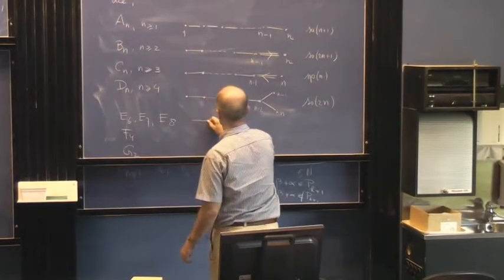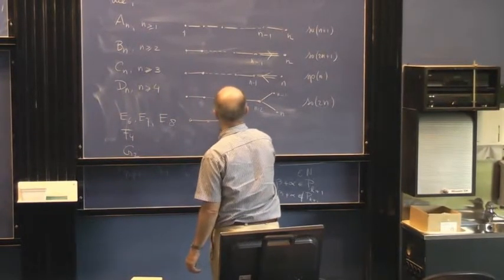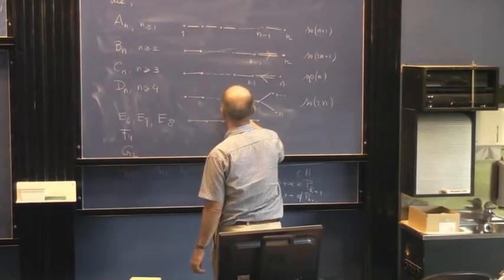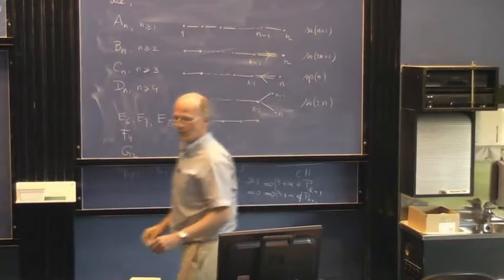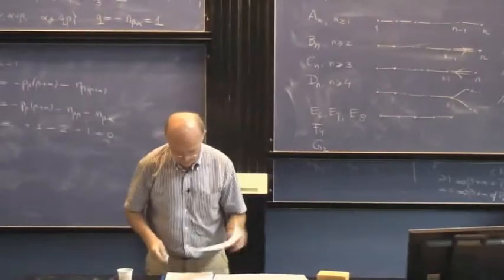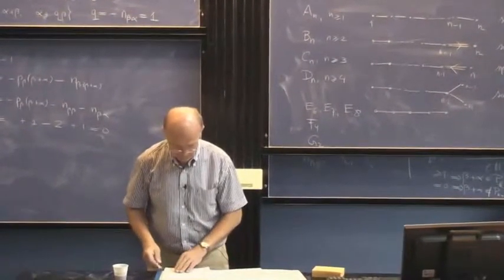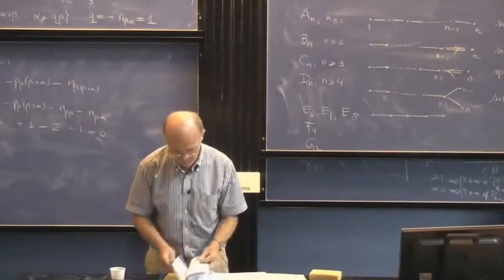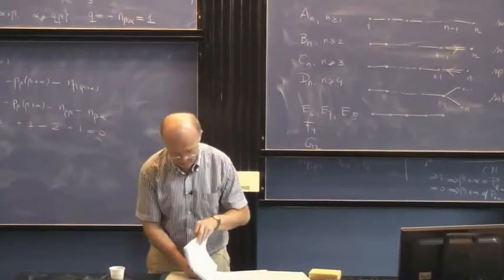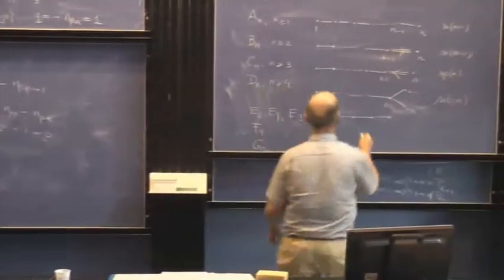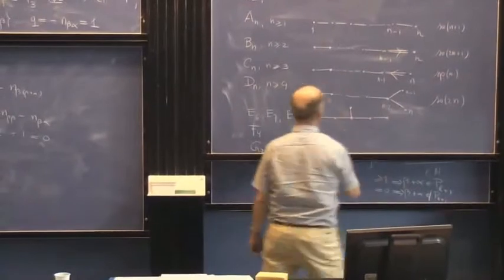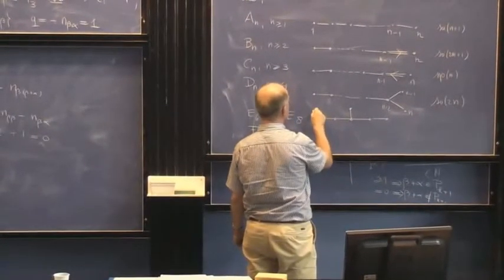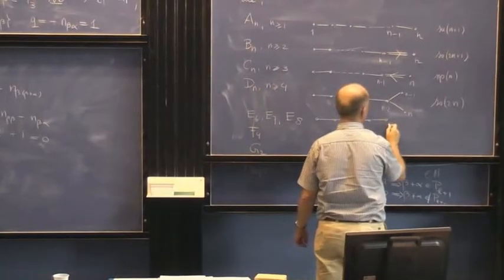So E6 looks like this, E7 like this, and to get E8, let's draw on this side.